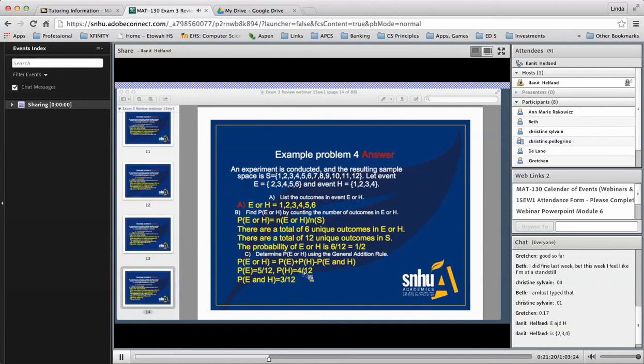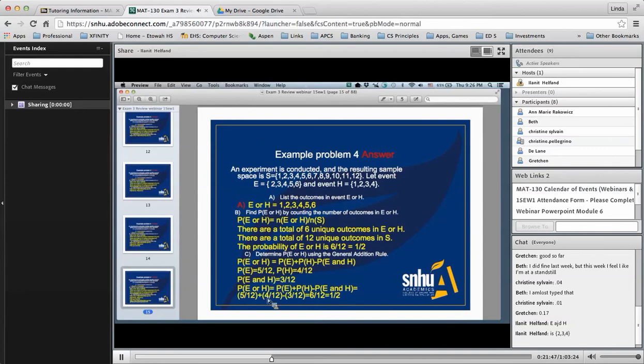So now we can take these 3 things and plug it into that formula for the general addition rule. And I'll walk you through why this works. So plugging in, P of E or H equals P of E plus P of H minus P of E and H: 5 out of 12 plus 4 out of 12 minus 3 out of 12. So what's going on here? If I take my 5 out of 12, I'm basically counting 1, 2, 3, 4, 5 out of 12.